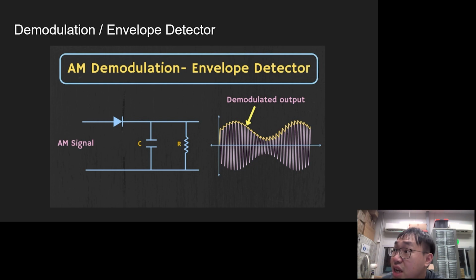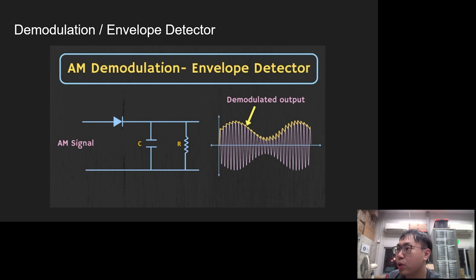So you see that there are two components, diode and capacitor. The use of diode here is, you see that the modulated wave will have a signal alternating between positive and negative.